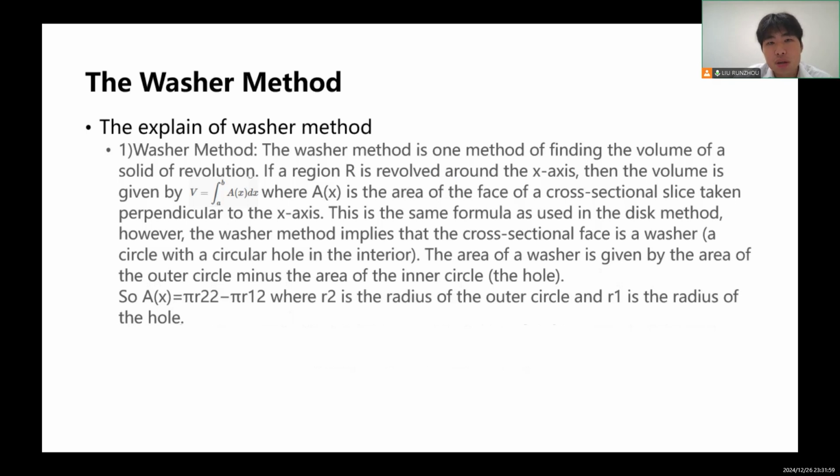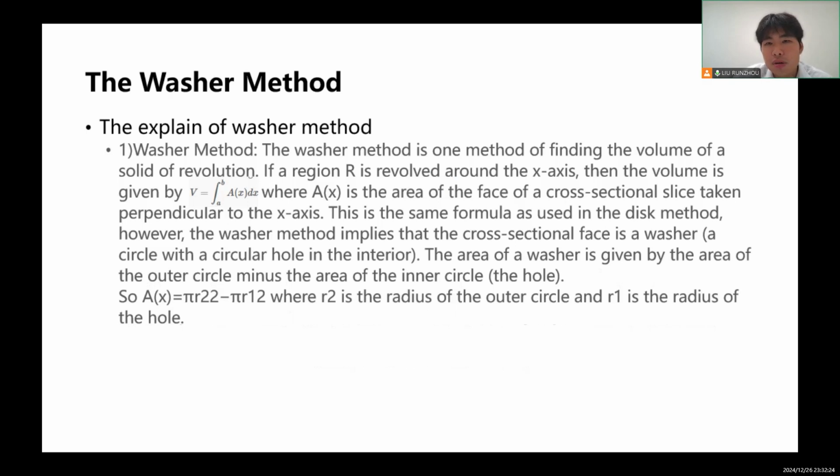If a region R is revolved around the x-axis, then the volume is given by V equals the integral from a to b of A(x) dx, where A(x) is the area of the face of a cross-section slice taken perpendicular to the x-axis.